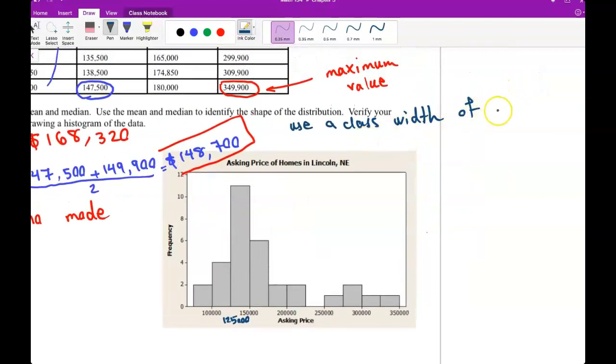So class width of 25,000 with a lower class limit of, which is that one, this is 75,000. It's the starting point, so it's the lower class limit.